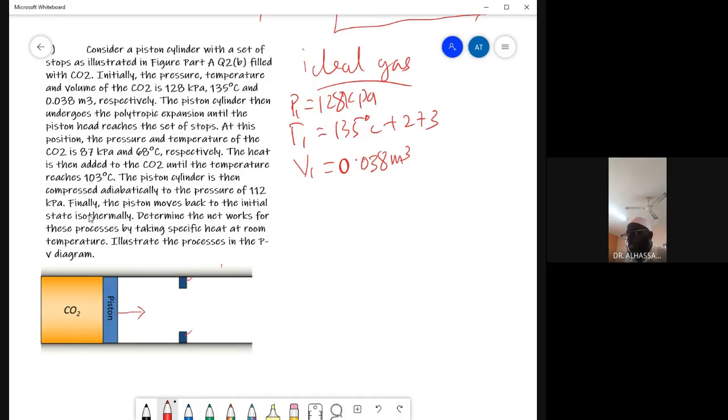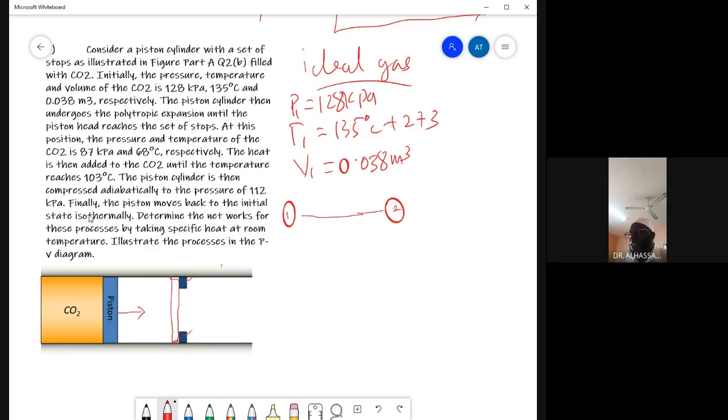It was moving and then it knocked this surface. Initially it starts from state 1 and then it moves up to state 2, and then it stops over there. It can no longer move.